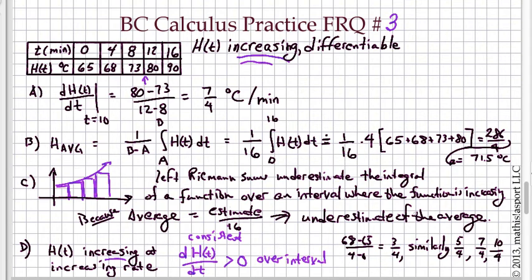So again, I know this is a little bit crowded, but this is our estimate of dh/dt in the 0 to 4 interval. Here the 4 to 8, here the 8 to 12, and here the 12 to 16 interval. And what we have is that dh/dt continues to get larger and larger.